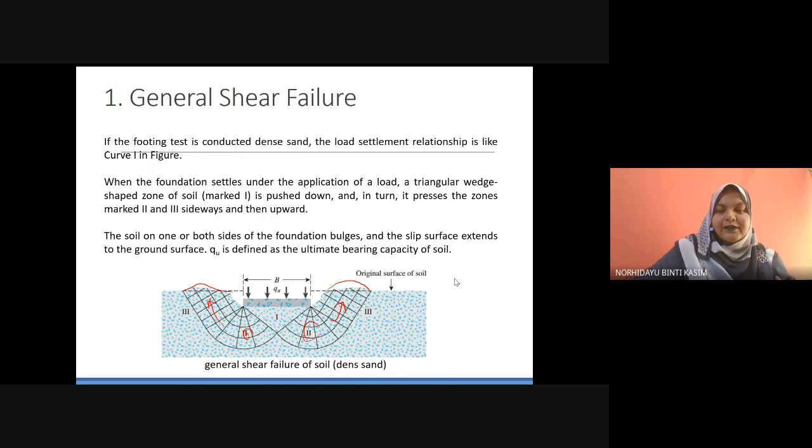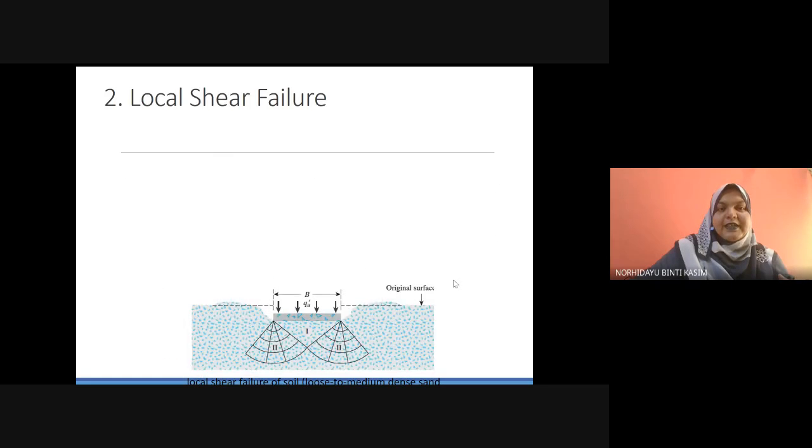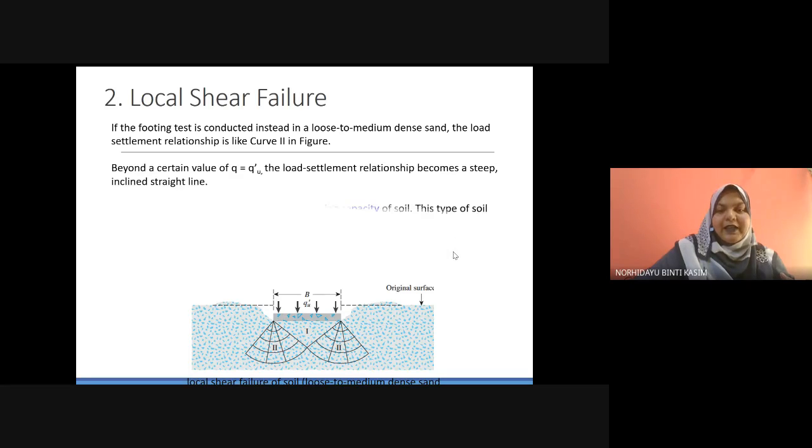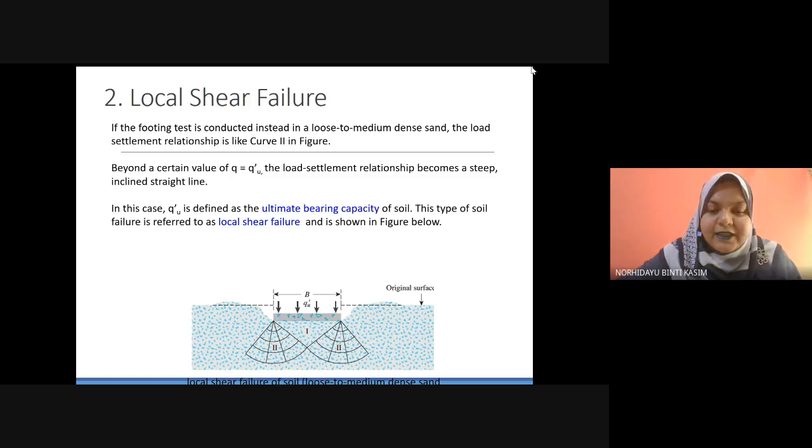Okay, and then the second one is the local shear failure. Meaning that the settlement is localized.